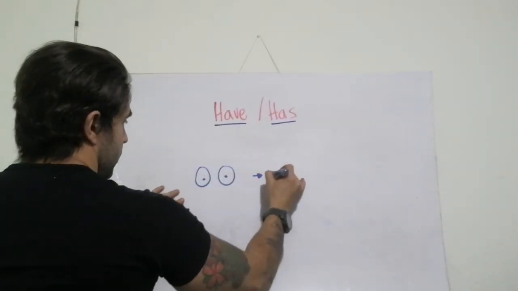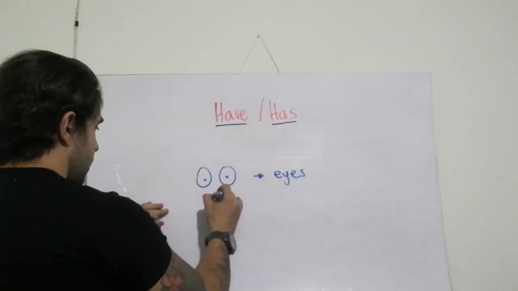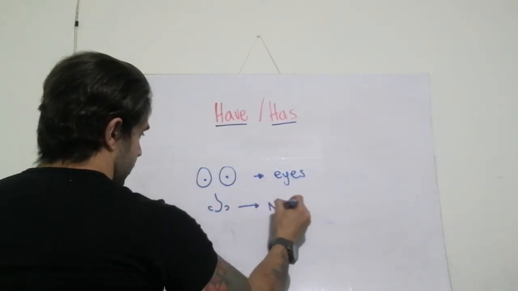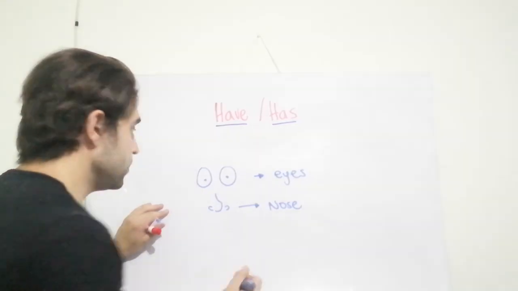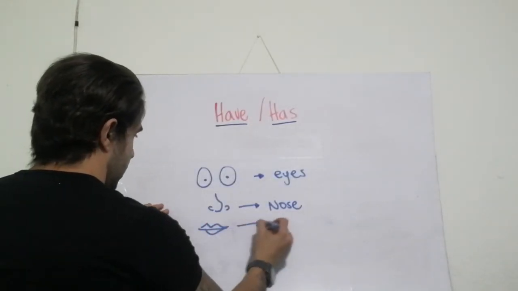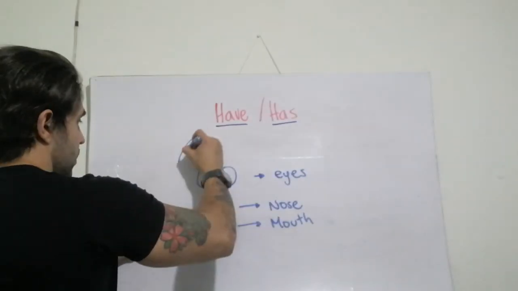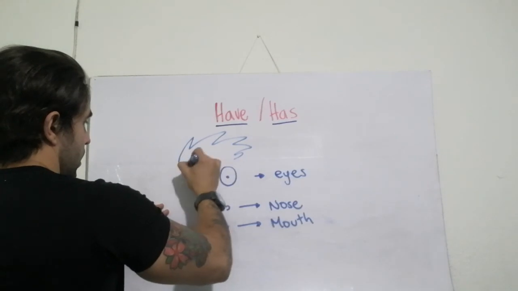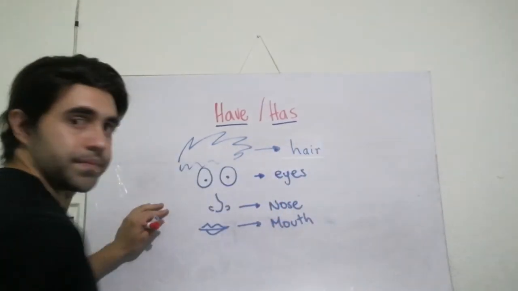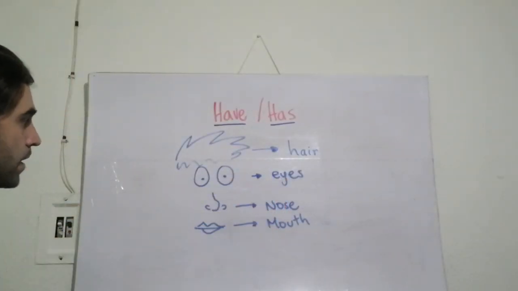Talking about eyes. We're talking about nose. Talking about mouth. And we're talking about hair. So we talk about hair, we talk about eyes, nose, and mouth.